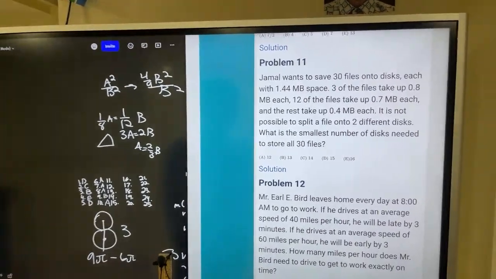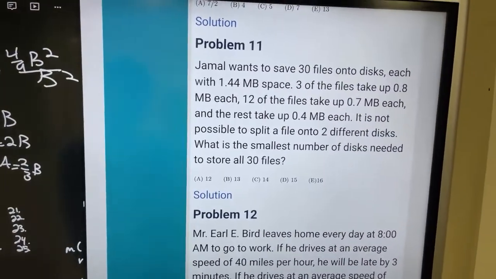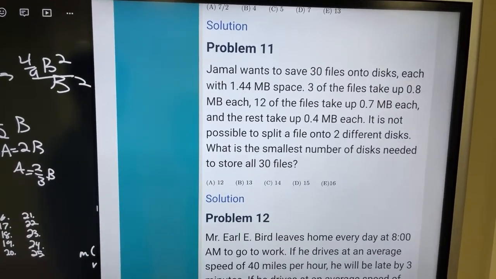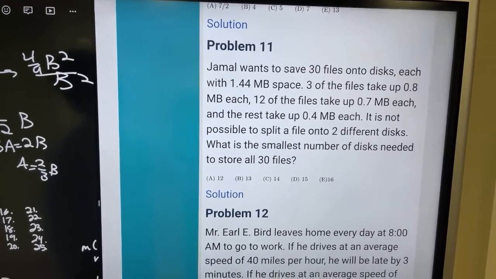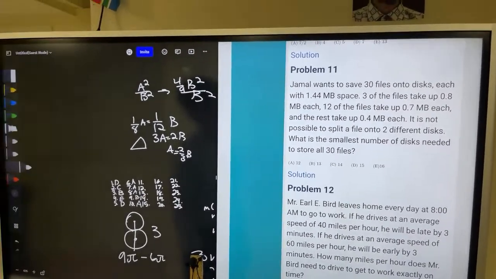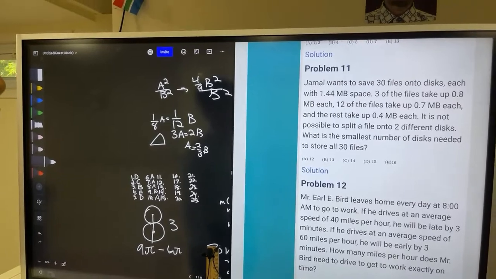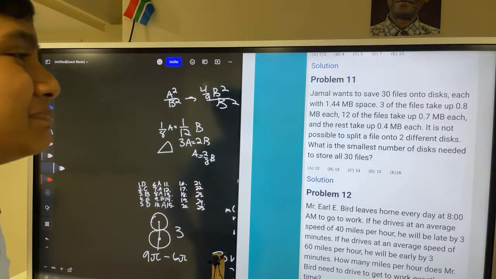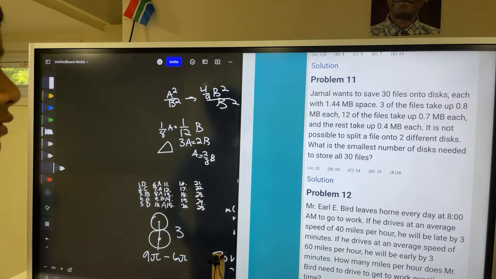How many can we pack into a single disk? The unfortunate thing is that we can't bundle up 0.8 and 0.7 because each disk has 1.44 megabytes of space.